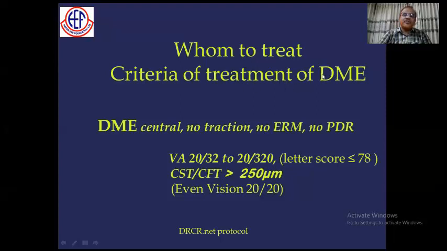Now the criteria for treatment of DME: when DME is central, with no traction, no retinal membrane, no PDR, and vision is 20/32 to 20/320, and the central subfoveal thickness and central foveal thickness is 250 micron or more. Even if vision is 20/20, if the patient has these criteria, then the patient is to be treated.